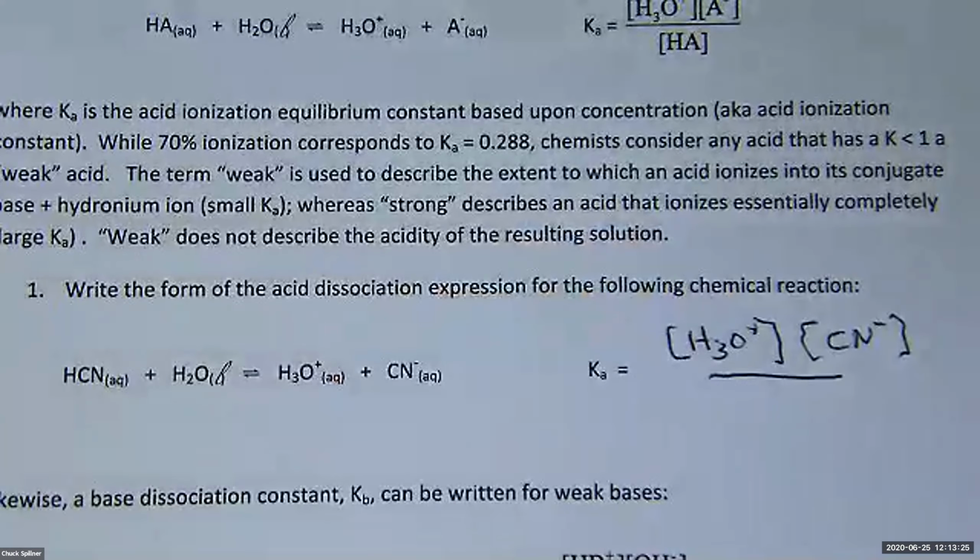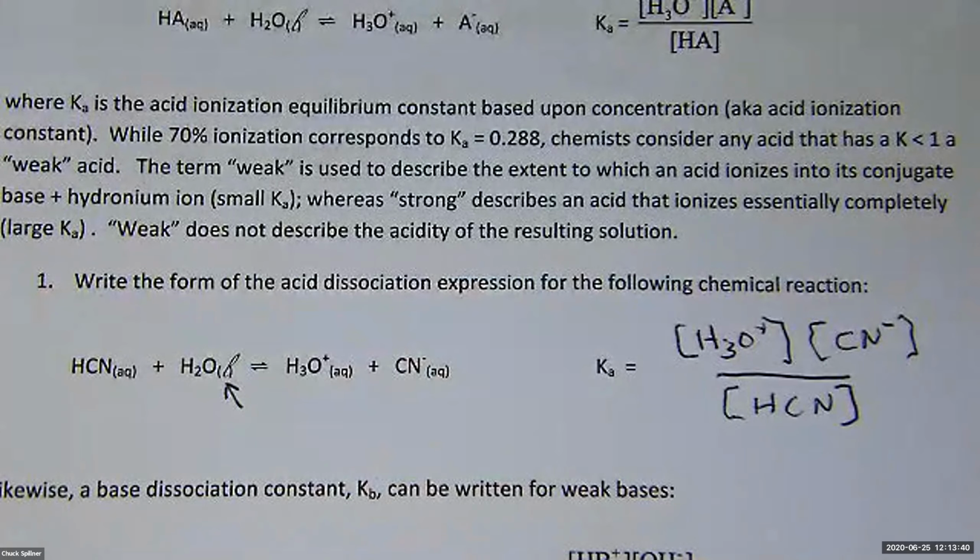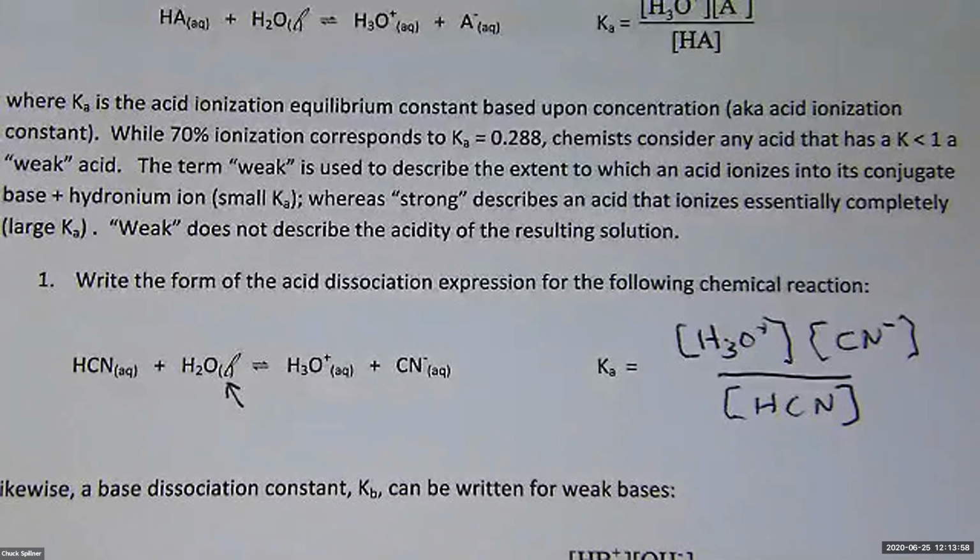So Ka equals H3O plus times CN minus divided by HCN. Those are molar concentrations. If the equilibrium was going the other way, then we would invert that. Remember how we did manipulations of the equilibrium constants previously.